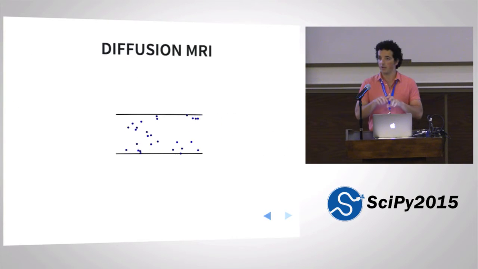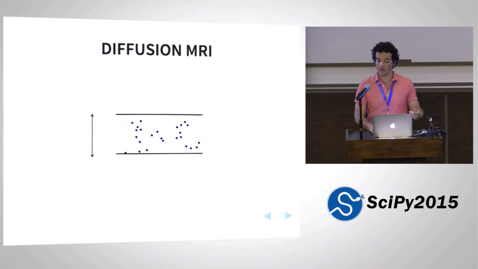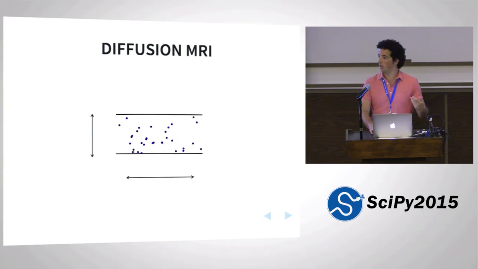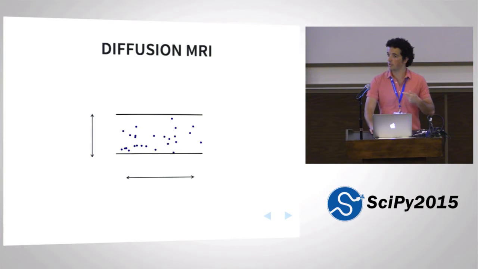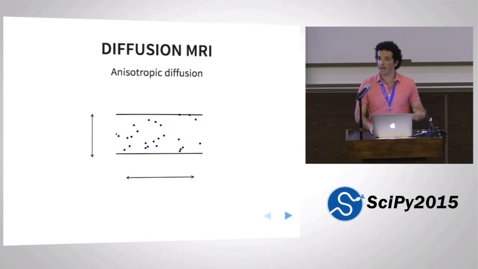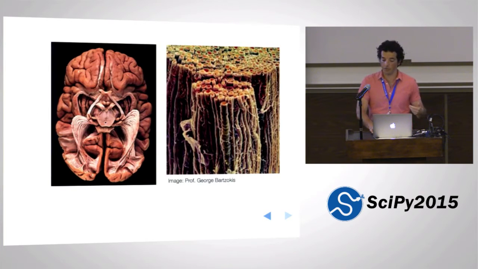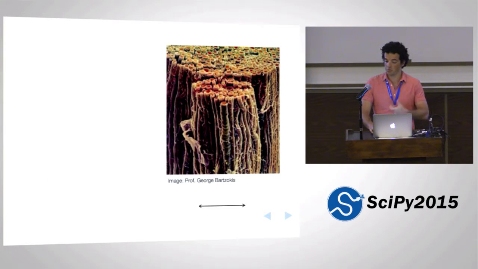But if we're looking at one of these nerve bundles, there might be more diffusion along the length of the bundle than across the boundaries of this fiber, and we call that anisotropic diffusion. And we use the application of magnetic field gradients to differentiate between this radial diffusivity and what we call axial diffusivity along the length of these fibers.